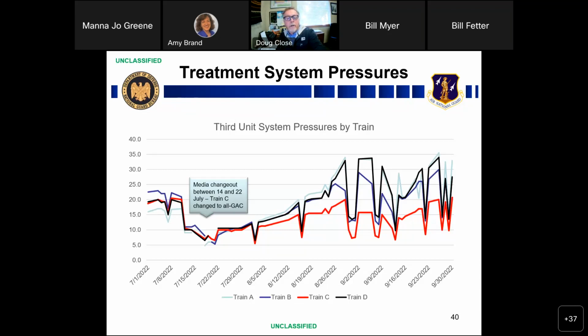Unlike the other trains, A, B, and D in the different versions of blue or darker, you can see how those pressures affect peak, and then we're left with restricted flow, changing of the performance, and just restrictions that build up in those third vessels over time. And that's kind of a display of the different pressure effects.